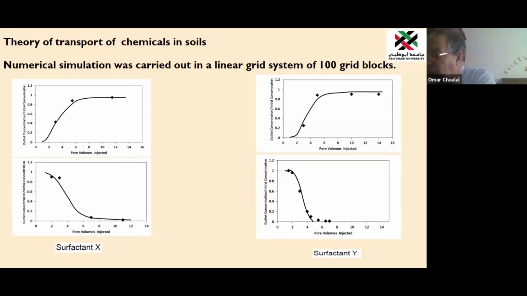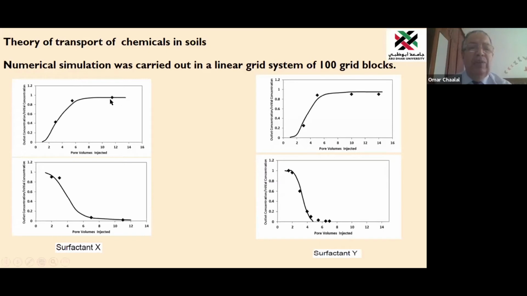Surfactant X is just Anastatica hierochuntica, which is the scientific name of the plant from where we extract the surfactant. And the second one, which is Y, is Aeluropus lagopoides. These are names coming from Greek, but when you see the picture, you can recognize them. So let's look here. This is the absorption.